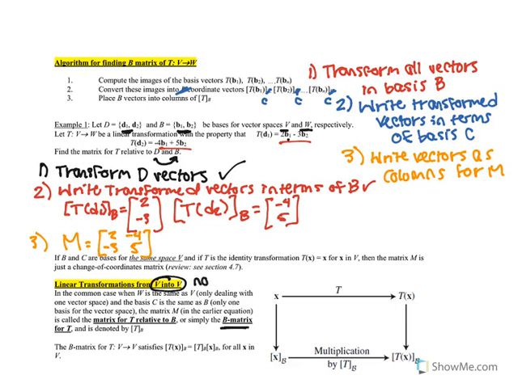So no change of basis. If we are only dealing with one vector space and no change of basis, then the matrix M is called the matrix for T relative to B, or the B matrix for T. And that is exactly what we did before.